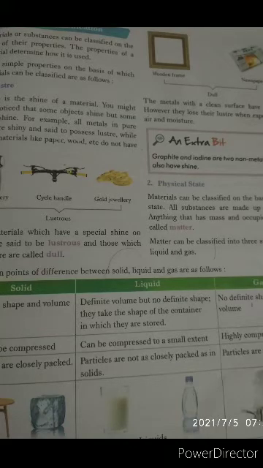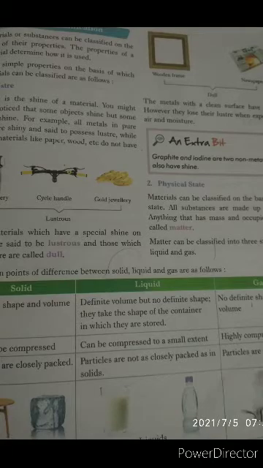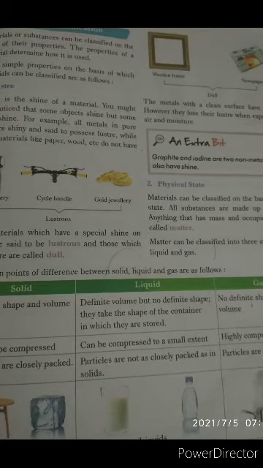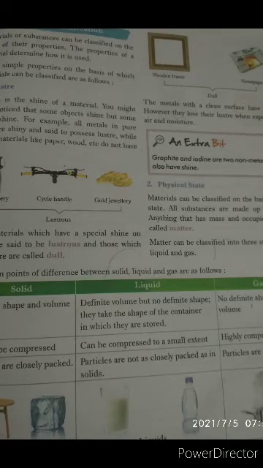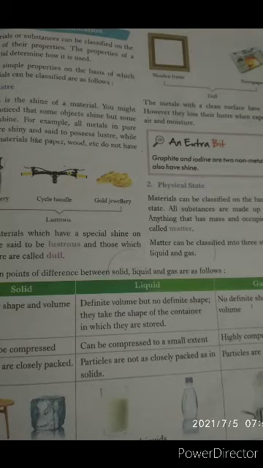See, a small chart is given there. The main points of difference between solid, liquid, and gas are as follows. First one solid, next liquid, next gas. Solid has a definite shape and volume. In front of you, you can see your book, table, mobile, pencil, pen.